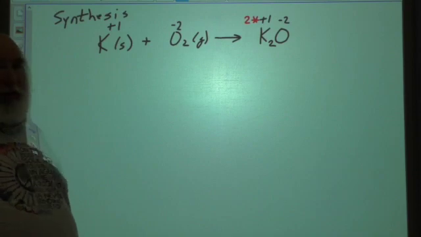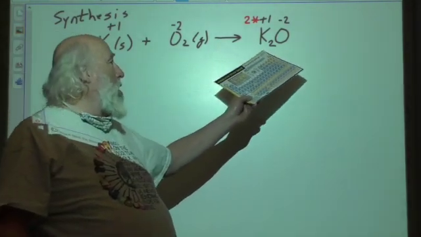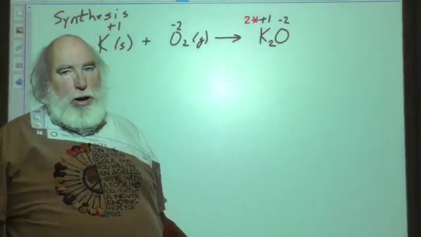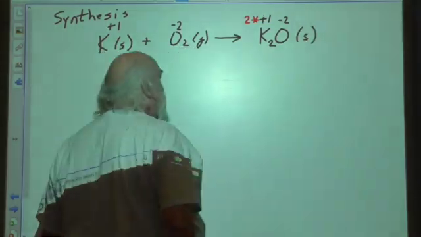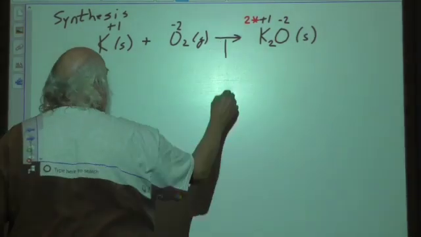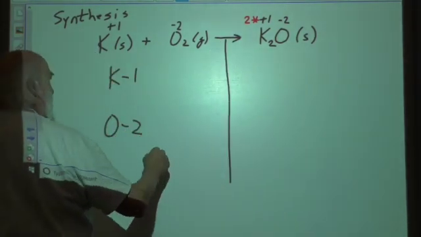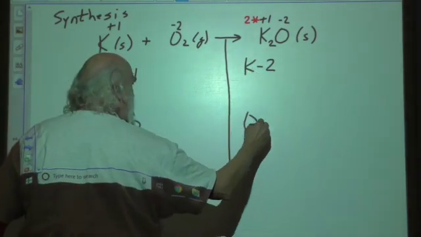Next thing we need to do is to figure out what the phase is. This is an ionic compound because potassium is a metal, and all ionic compounds are solids. Next thing we need to do then is to balance the equation. We have 1 K, we have 2 oxygens, we have 2 Ks, we have 1 oxygen.